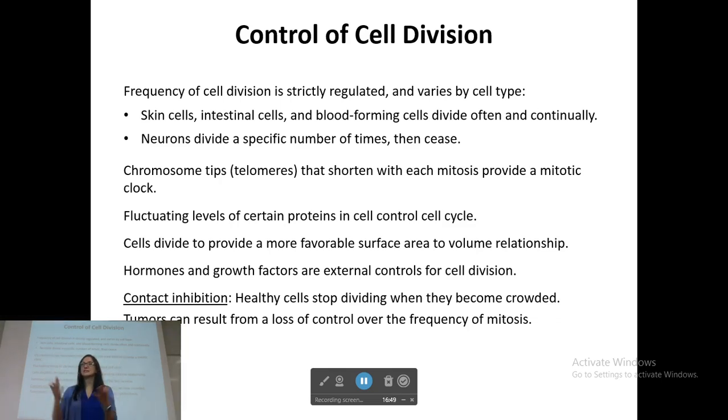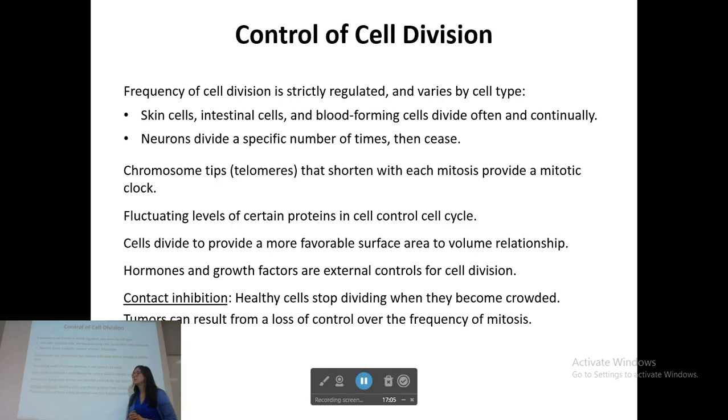So it's not just the exterior of the box. There are a lot of little tiny boxes in there. So that increases the surface area to volume ratio. That's important for cells to be able to get those materials in.